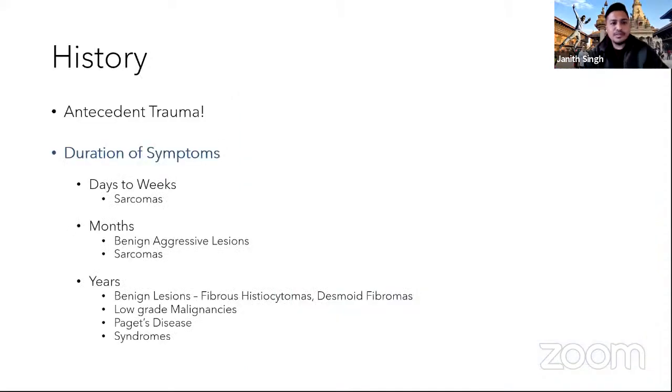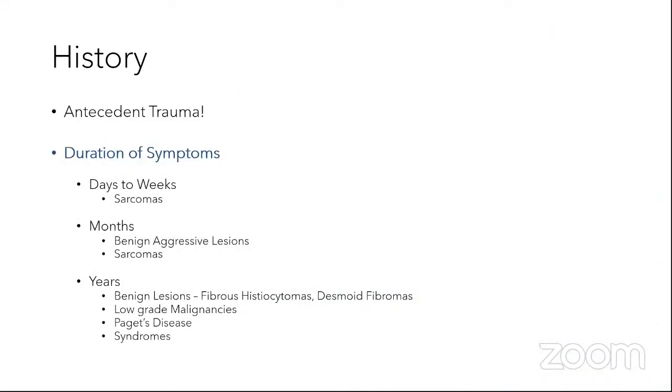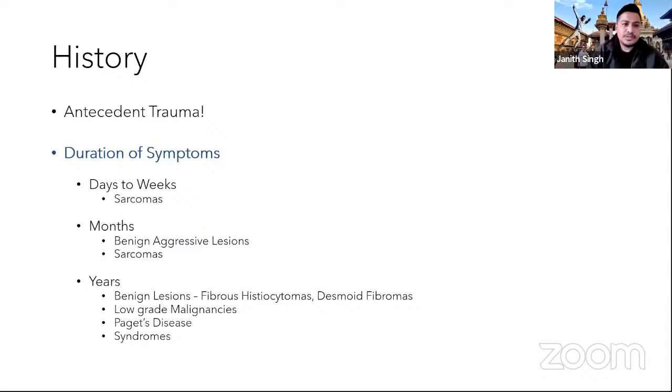Now, when you come to history, you always get this history of trauma. They always point towards some sort of a traumatic incident that led to the swelling. But is it really the cause of the tumor or the sarcoma? We don't know. A lot of time it acts as a pointer towards something that's going wrong at that particular site of the body.